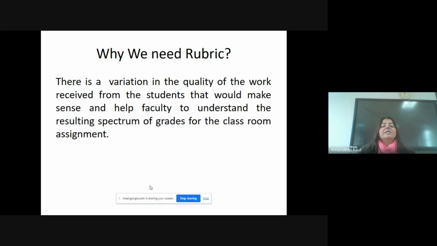Another question arises, why do we need a rubric? I hope as a faculty in a classroom environment, there may be many chances. Say the student is submitting assignments to you, and after getting the assignment, when you give the evaluated assignments back to them, 2 or 3 students come to you saying that this particular assignment and my assignment are similar by nature, or sometimes the text is copied from one booklet to another booklet.